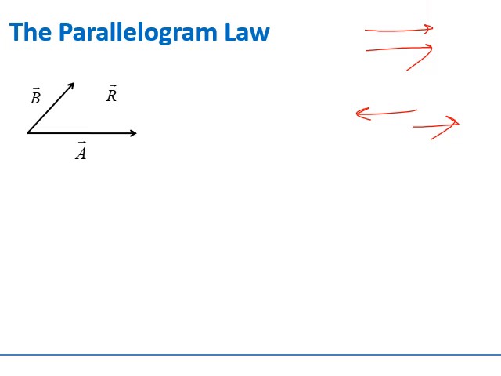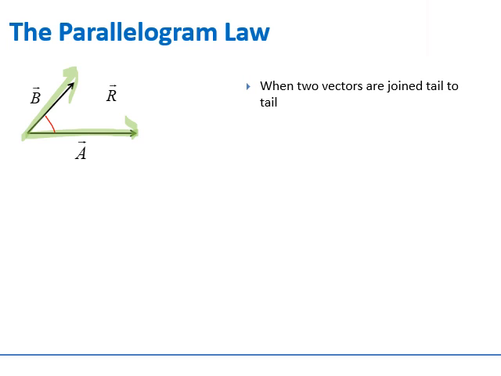Now suppose these vectors are not on the same axis but are at some angle with each other. So now you have these two vectors, A vector and B vector, at some angle with each other. Then how are we going to find the resultant for these two vectors? So first is the parallelogram law.